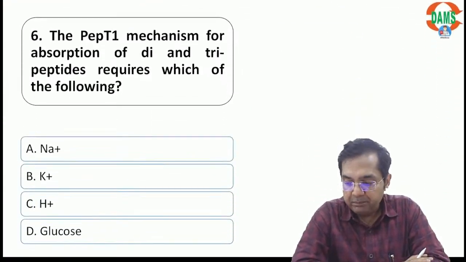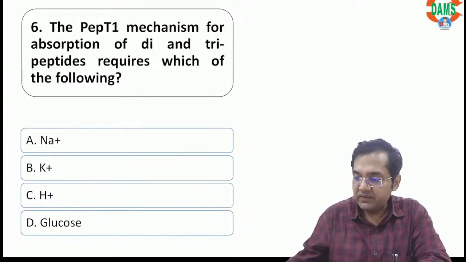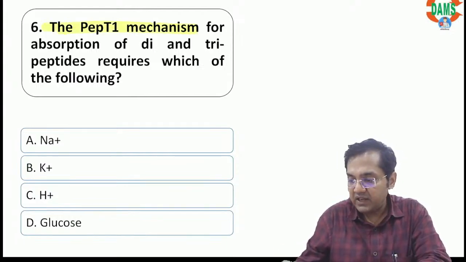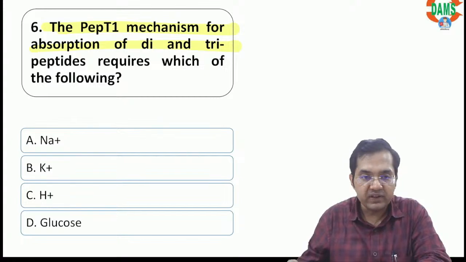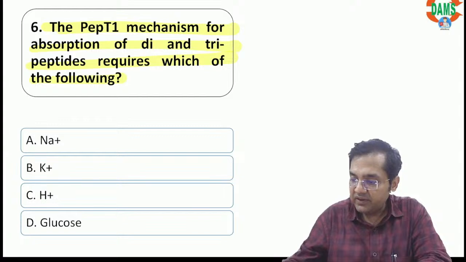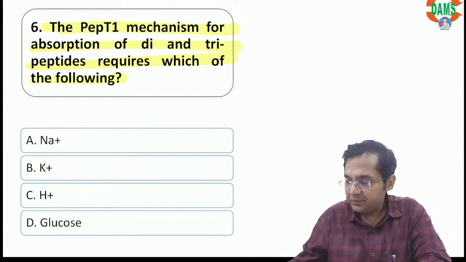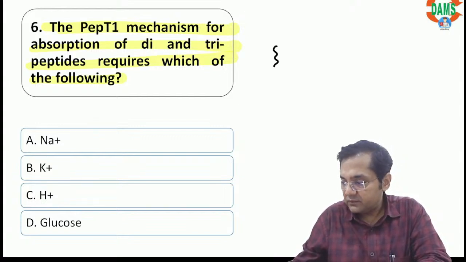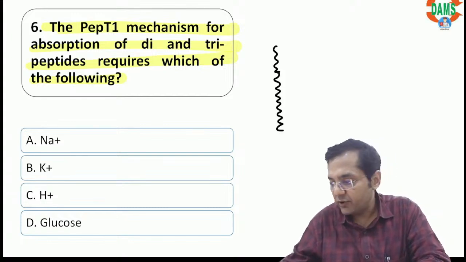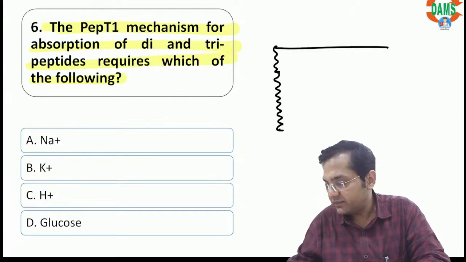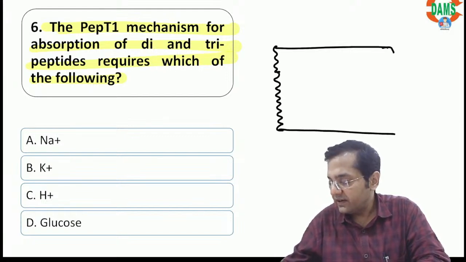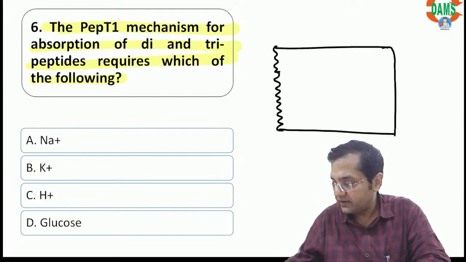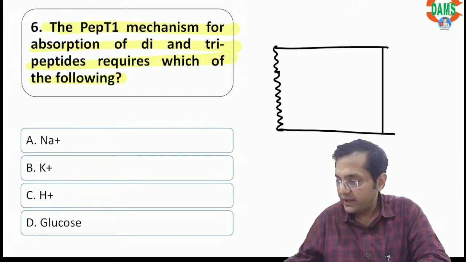The PEPT1 mechanism, question number 6, another important one. The PEPT1 mechanism for the absorption of di and tripeptides requires which of the following? Interesting mechanism for peptides. Remember, if this is the luminal side of your intestinal epithelial cell, see this carefully now, and this is, let's say, the basolateral side.